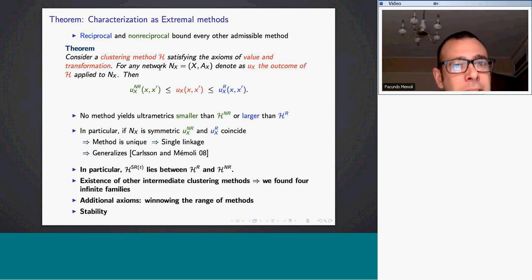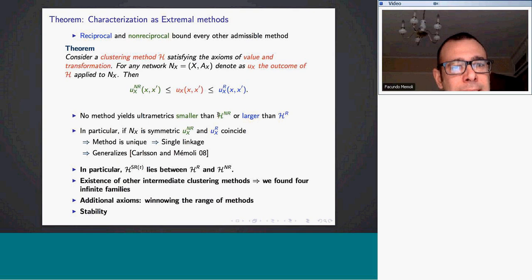Suppose that you have a method H that satisfies the axioms, and A_X is a network, and U_X the ultrametric obtained by applying H to your network X. Then the following inequality takes place: the value at x and x prime is bounded below by the value associated by the reciprocal method to x and x prime, and bounded above by that of the non-reciprocal method to the points x and x prime.